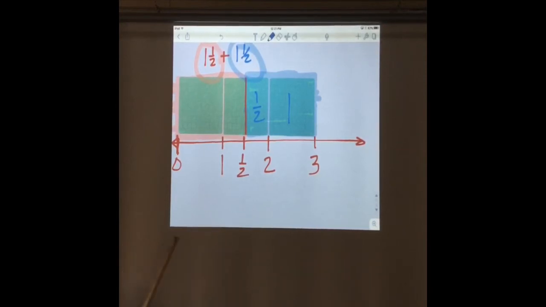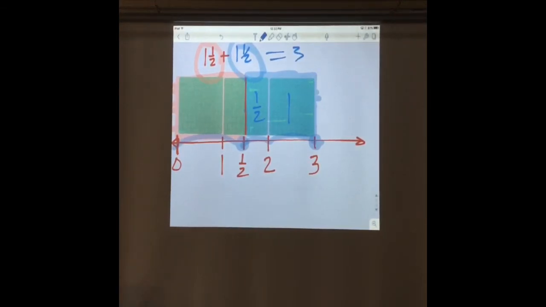So, how much do we have for 1.5 plus 1.5? Well, I could put this on my line, right? 1.5 is here, and then half, and then another 1. So my answer would be 3.